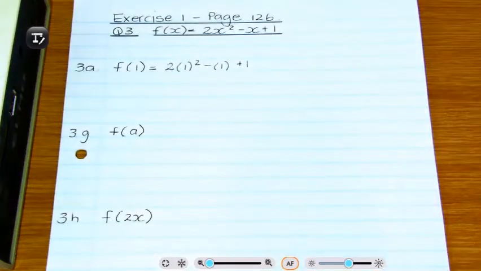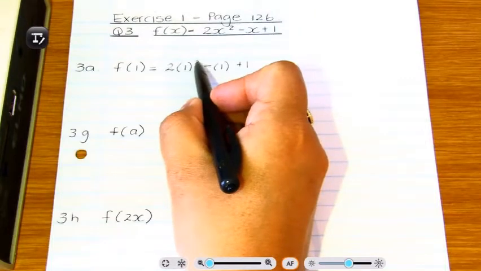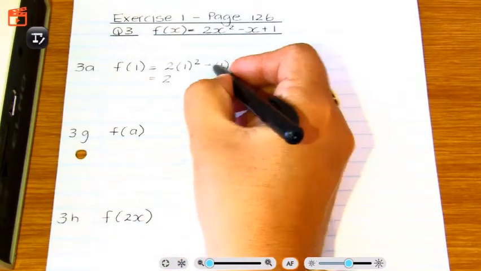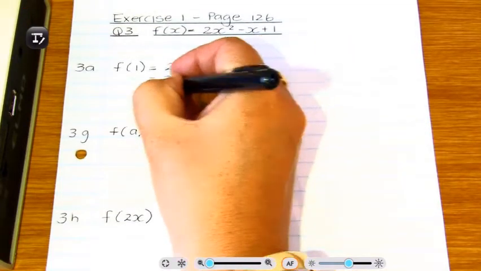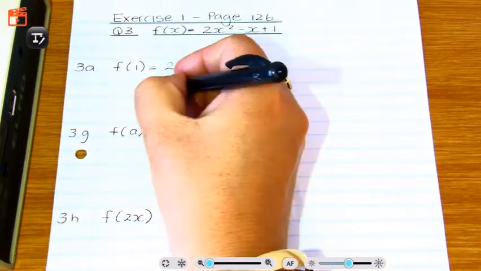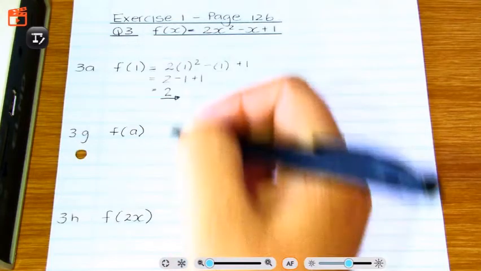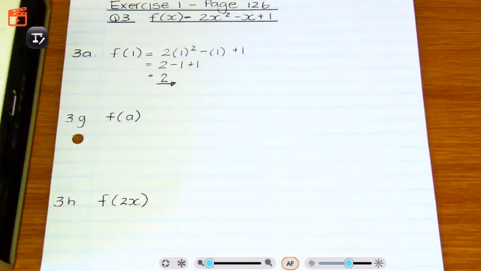From there, we just solve. 1 squared is 1, 2 times 1 is 2, minus 1, plus 1. 2 minus 1 is 1, 1 plus 1 is 2, and we get our answer to be 2. Pretty straightforward.